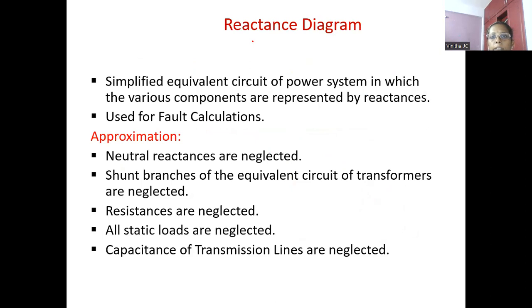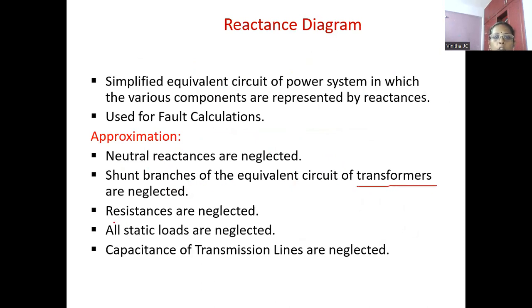Similarly, the second one is the reactance diagram. In this reactance diagram, again, we need to make some approximations. So the first approximation is that the neutral reactance, which is connected between the generator ground and the neutral, can be neglected. The second point is that shunt branches of the equivalent circuit of the transformers can be neglected.